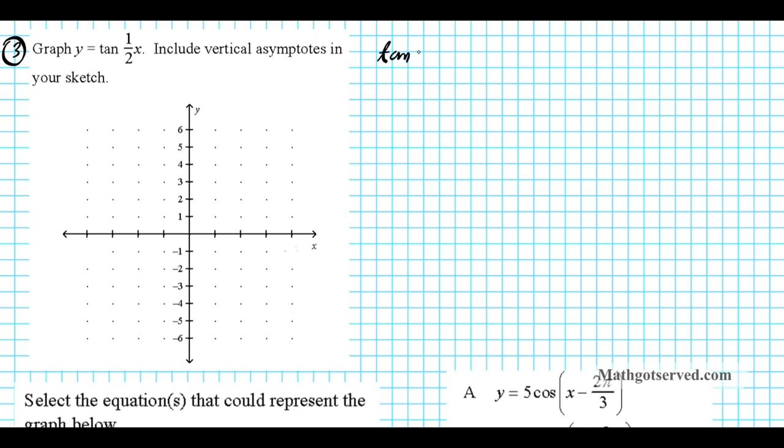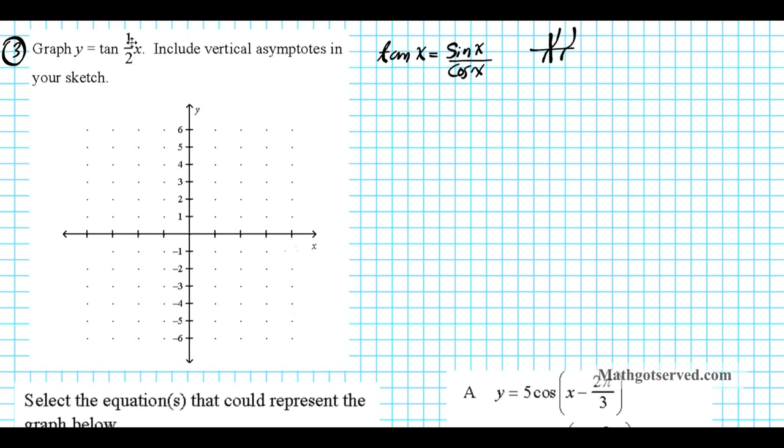Okay, so we know that tan x is equal to sine x over cosine x. So cosine basically tells us where the asymptotes of tan is. And we also have to recall that the tan function goes from negative infinity to infinity at every period. All right?